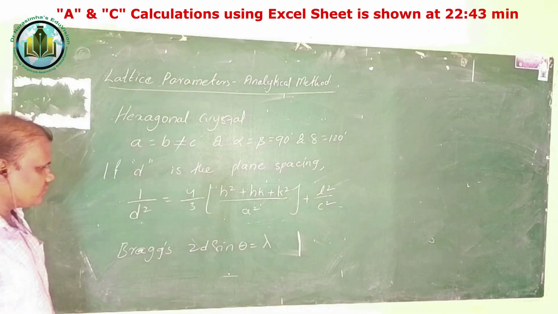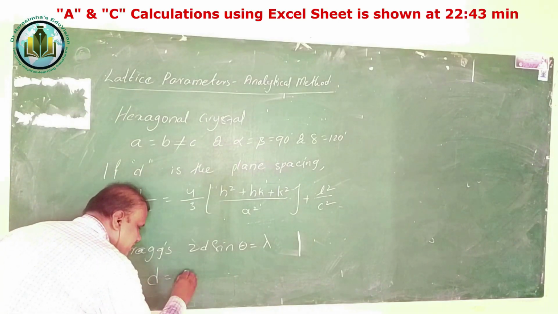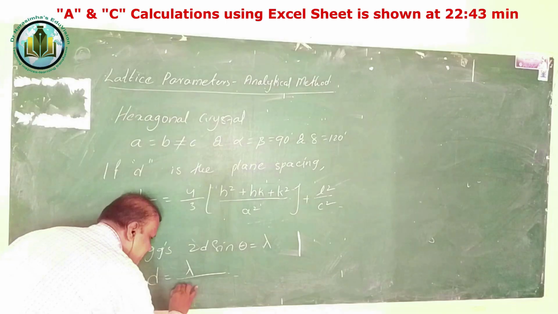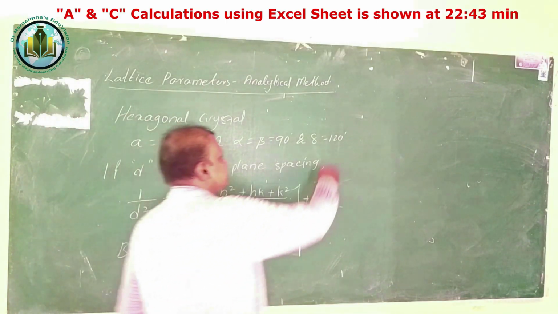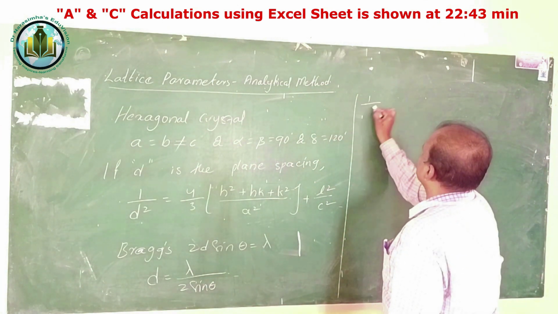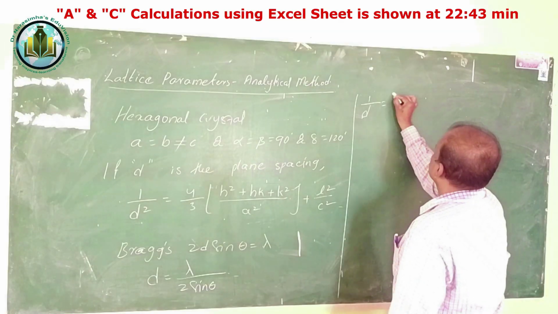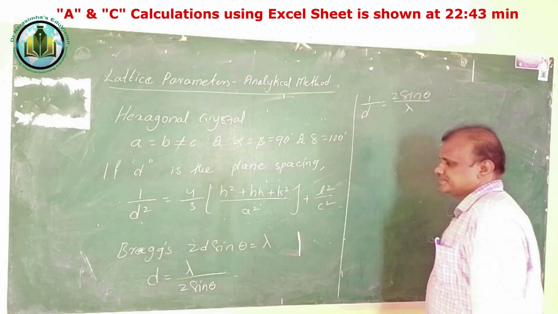So 2d sin theta equals lambda, or d equals lambda divided by 2 sin theta. So 1 by d equals 2 sin theta by lambda.